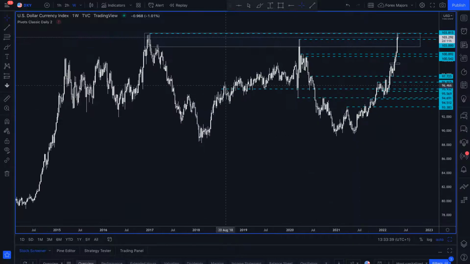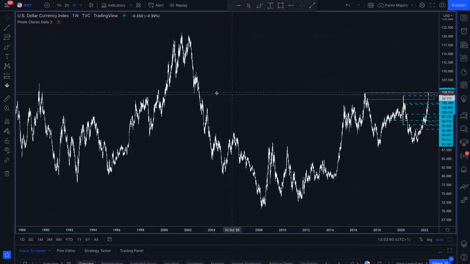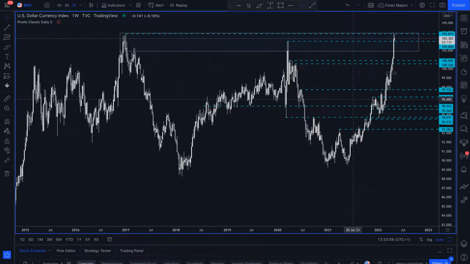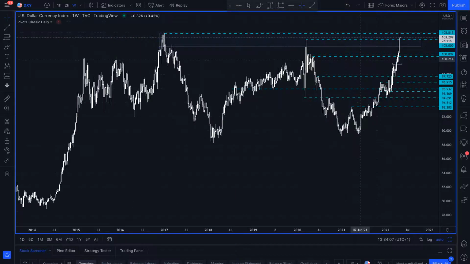On this weekly chart, you can see the dollar has moved up to an overhead resistance level going back to 2017, 2020. If you zoom out even further, the dollar hasn't been at these levels since around 2002. So it's around a 20-year high, and it just tried to peak over 103, touching the 104 level last week.